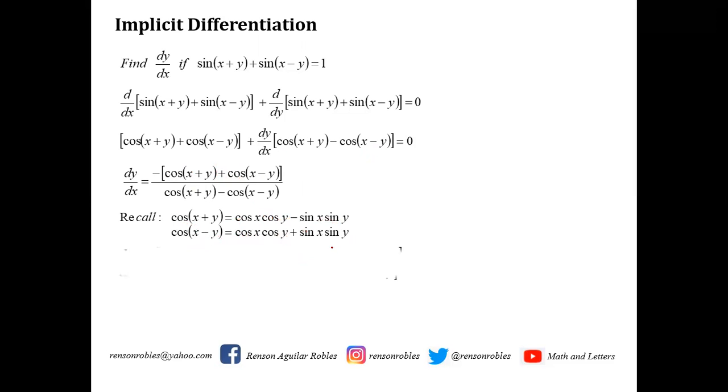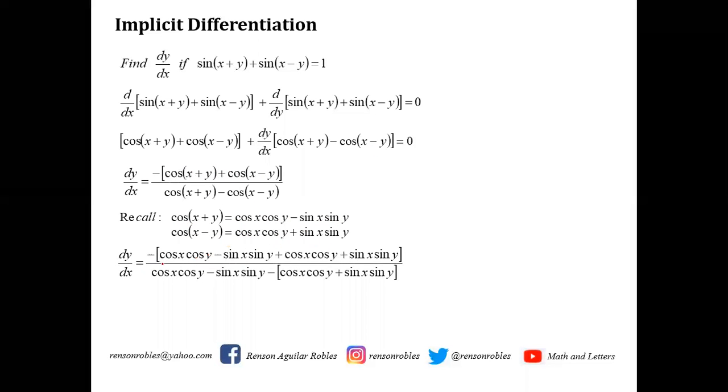And then simplifying, that's negative times the quantity: for cos(x + y), that's cos x cos y - sin x sin y, and for cos(x - y), that's cos x cos y + sin x sin y. And then on the denominator, cos(x + y) is cos x cos y - sin x sin y, and for cos(x - y), that's cos x cos y + sin x sin y.